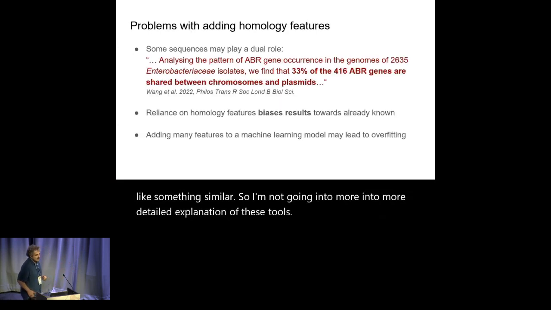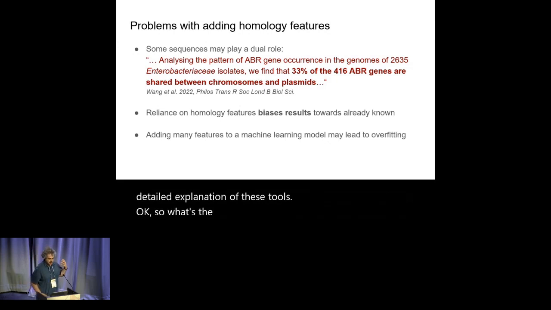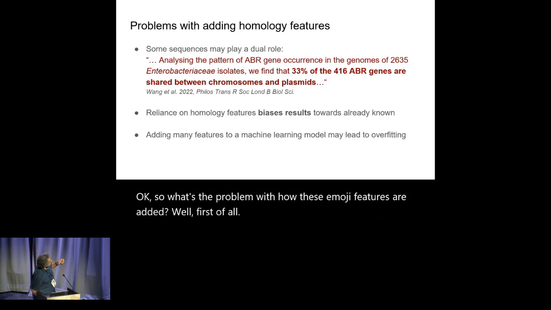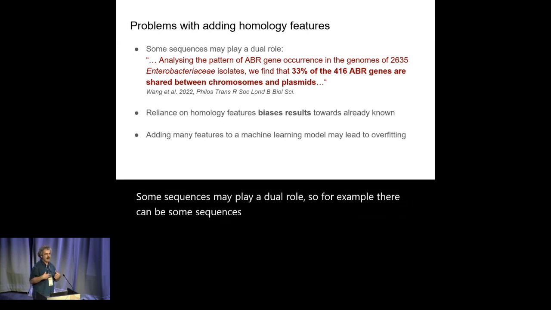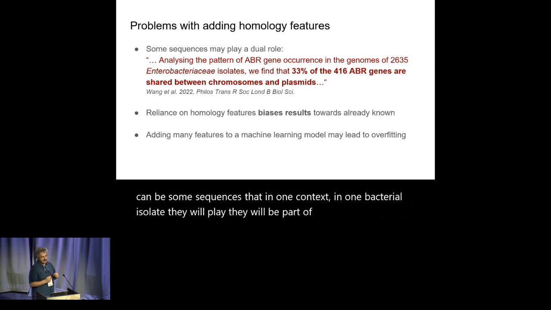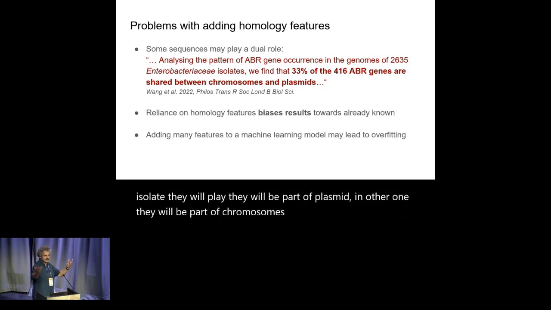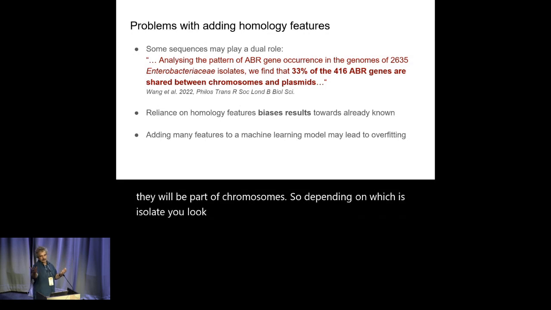Okay, so what's the problem with how these homology features are added? Well, first of all, some sequences may play a dual role. For example, there can be some sequences that in one bacterial isolate will be part of a plasmid, and in another will be part of the chromosome. So depending on which isolate you look at, chromosome or plasmid is the correct answer for the same sequence. That might cause some problems.